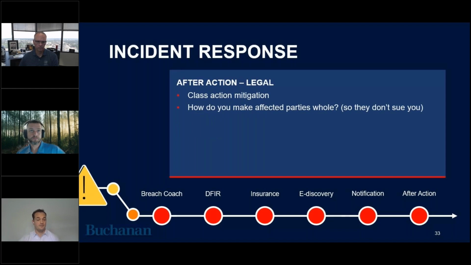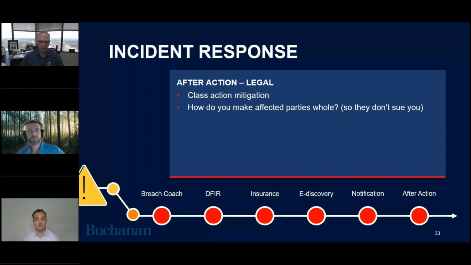From a legal perspective, class action mitigation is critical. It used to be that if you had 100,000 people in your data set that were compromised as part of an incident, that was the threshold for class action liability. That's where plaintiffs' firms see really being able to make money on those types of cases. I have 2 ongoing class action cases right now, one in the 2,000 individual range, one in the 3,000 individual range.